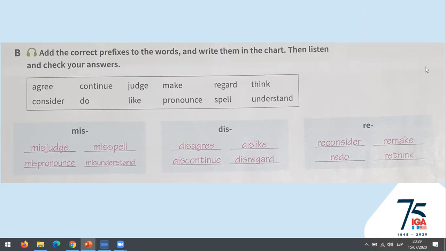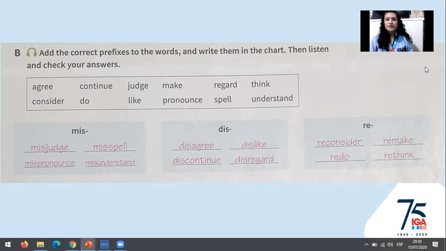Dis: disagree, discontinue, dislike, disregard. Re: reconsider, redo, remake, rethink.